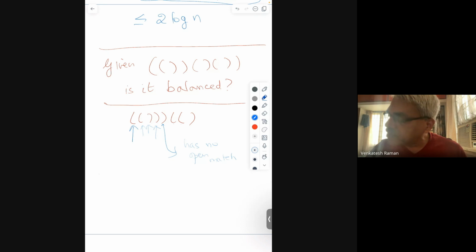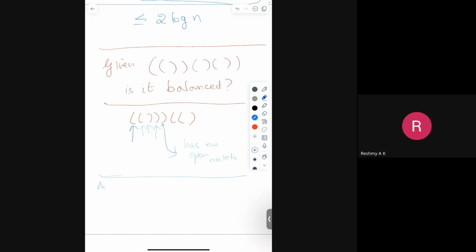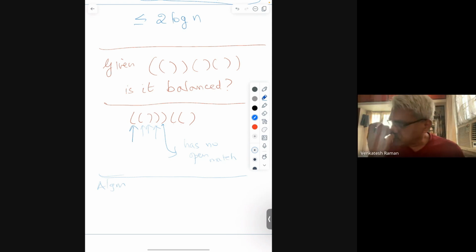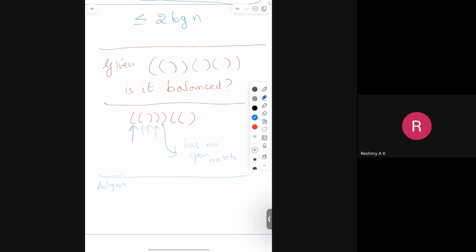So, what is the algorithm? Whenever we find open parenthesis, we push it onto the stack. And whenever we are finding a closed parenthesis, we pop it out. And when is it balanced?